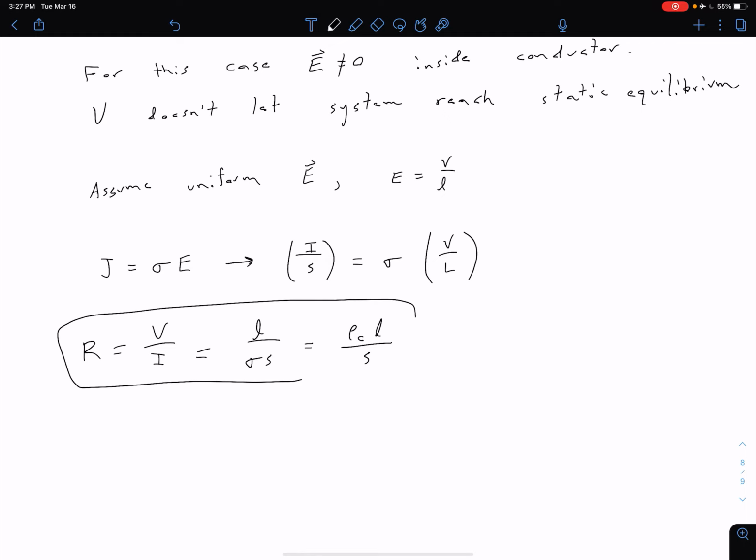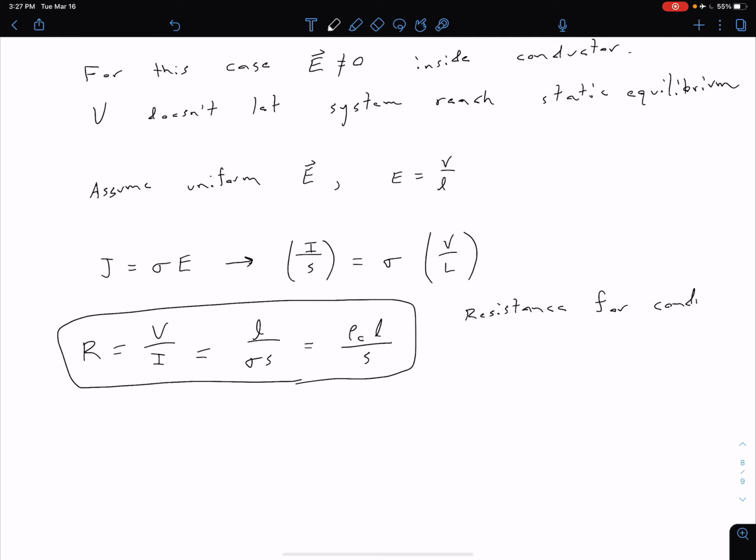These are relatively simple equations, and you've probably seen this before in an introductory physics course, but these are for the cases of uniform cross-section and uniform electric field. So this is the resistance for our conductor.